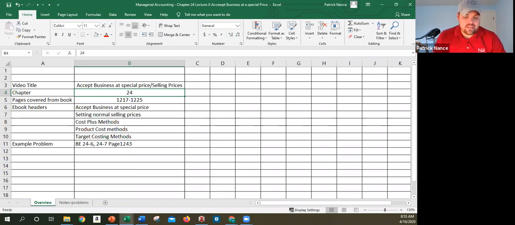But instead, what they did is they took the revenues that they would earn and subtracted out only the variable cost and left off the fixed cost because, and this is correct, the fixed cost does not change whether I accept or reject this offer. The example problem for this is brief exercise 24.6.